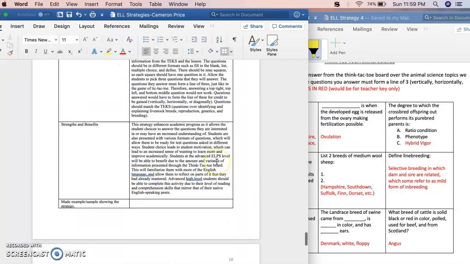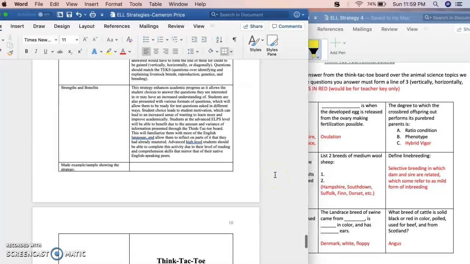So the benefits of it: academic progress is even more enhanced, because the advanced high students may know about the subject area and be fluent in the English language surrounding it, but it allows them to see their interests through different questions and different question formats.